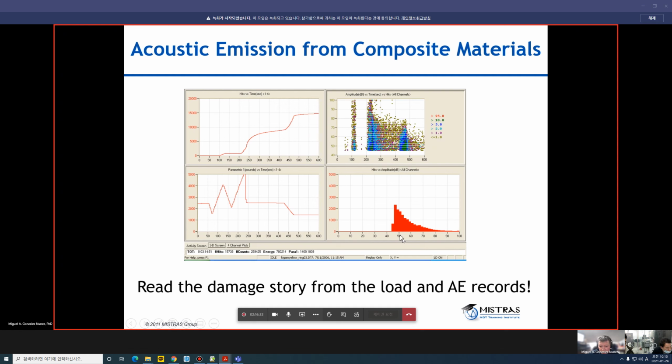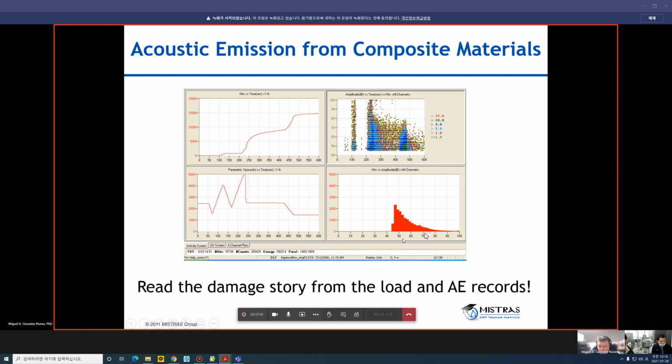And by the use of this very simple amplitude distribution plot, you can determine if you are generating damage in your test piece. In this plot here on the lower bottom right, what we are plotting basically is the number of hits versus the amplitude.